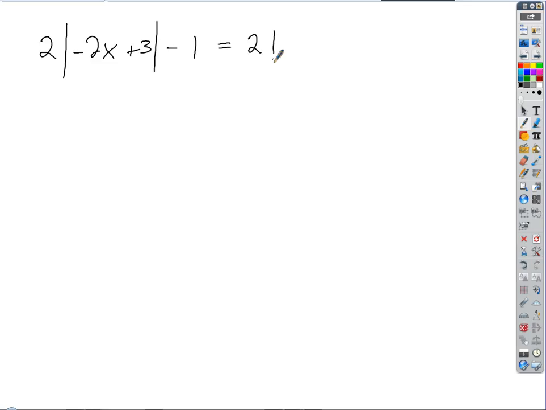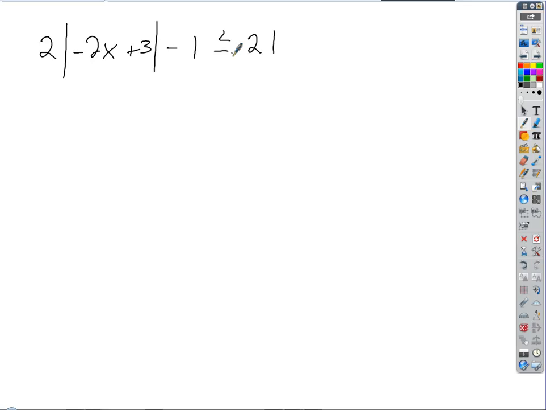Think what you're going to do. What's my strategy, first of all? I don't want equals, though. I want less than or equal to. What's going to be my strategy? What do I have to do before I can make my trade for an absolute value inequality?